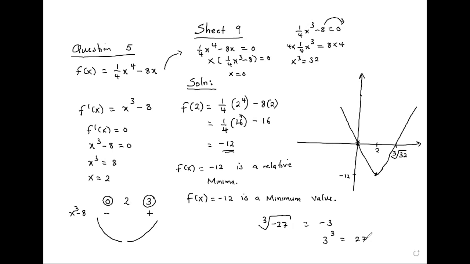Okay, so we move to question 6. Let f of x be equal to x plus cos x. Find the points of inflection of the function in the interval 0 less or equal to x less or equal to 2 pi.